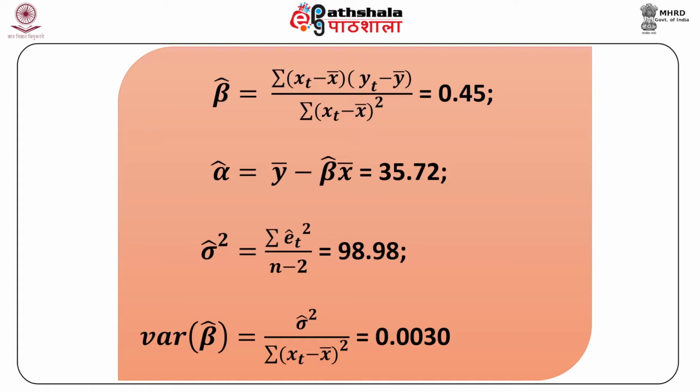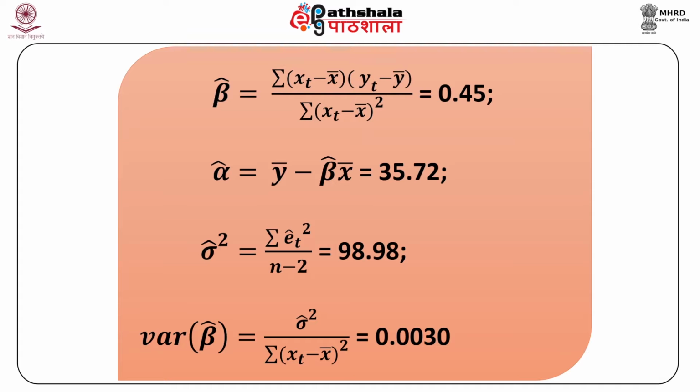So sigma hat square is equal to sigma et hat square upon n minus 2, and this is equal to 98.98 on substitution of the values of et hat, and sigma et hat square you can calculate from the last column of this table by adding all these values. Now variance of beta hat comes out to be equal to sigma hat square upon sigma xt minus x bar square.